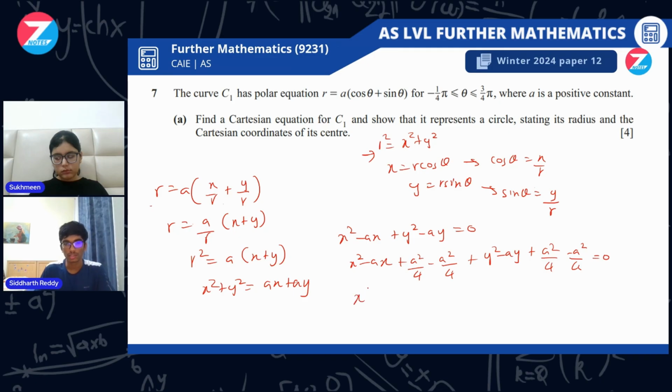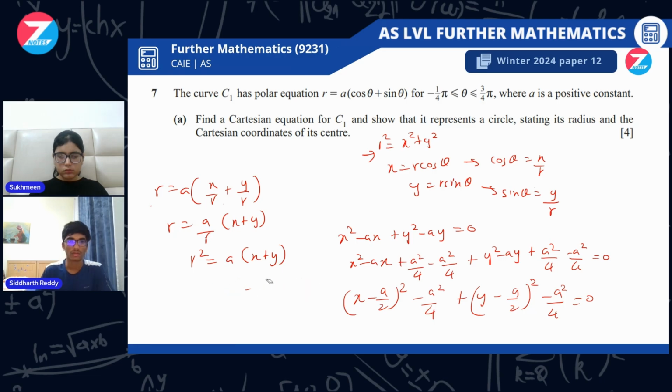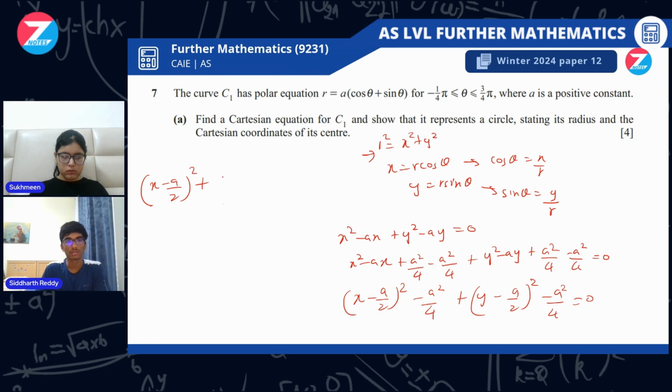So you can write this as x minus a by 2 whole square minus a square by 4, plus y minus a by 2 whole square minus a square by 4 is equal to 0. And if we bring both of the a square by 4 to the other side, we get a square by 2. So this will become x minus a by 2 whole square plus y minus a by 2 whole square is equal to a square by 2.